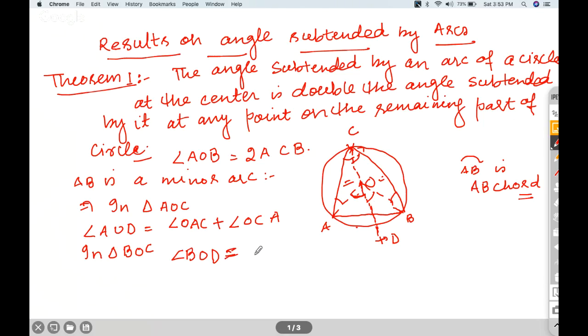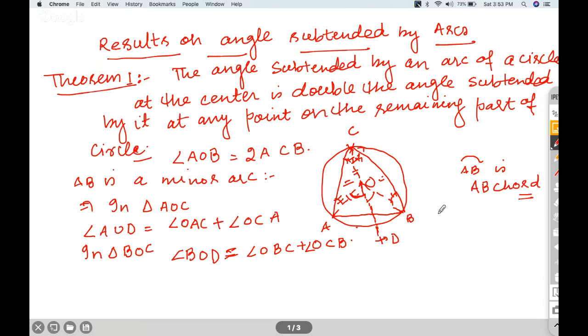So BOD would be equal to angle OBC plus angle OCB. Now I know that this is radius and this is radius. So what happens is this angle would be equal to this angle and this angle would be equal to this angle.